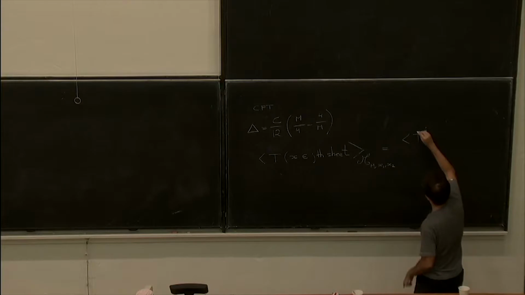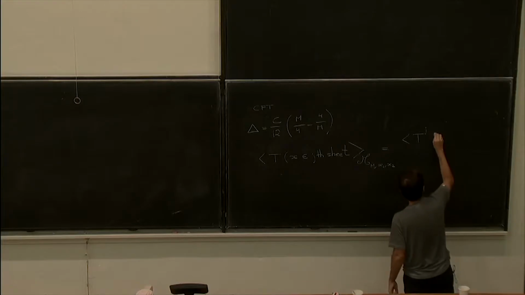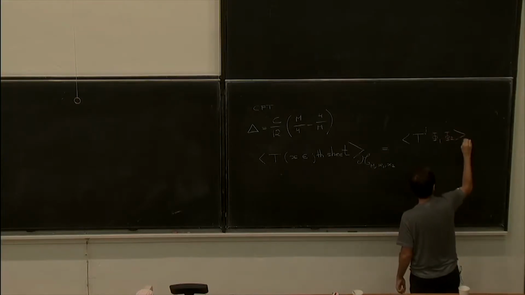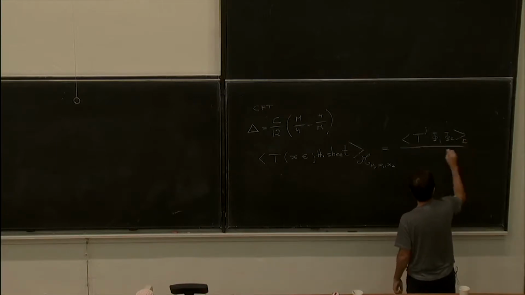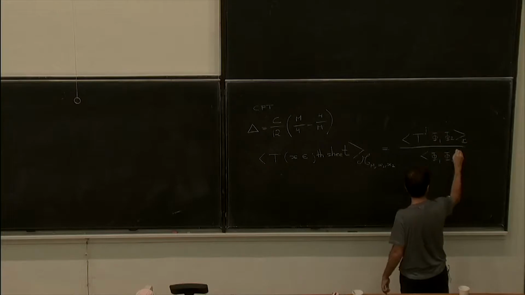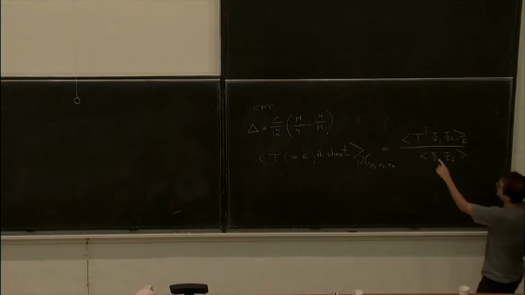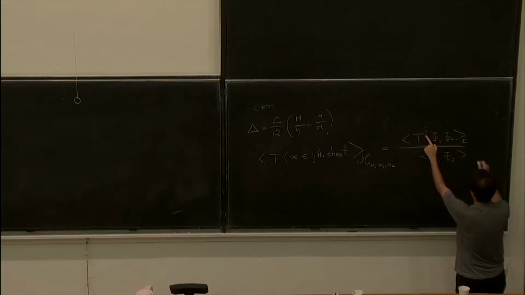In other words, it's T of the original theory computed with the copy number j, and then phi 1, phi 2 evaluated in C, divided by phi 1, phi 2. By phi 1, phi 2, I mean phi at x1, phi at x2. And this is phi j, it's copy number j.